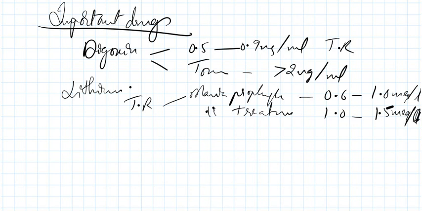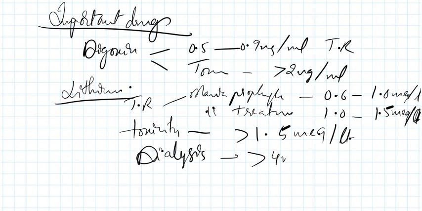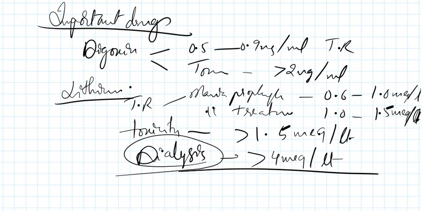But if you ask me the toxicity dose of lithium, then it is more than 1.5 milliequivalents per liter. Guys, every statement is very important. At what level might dialysis be needed in case of lithium toxicity? It is more than 4 milliequivalents per liter. If the level is more than 4 milliequivalents per liter, then obviously you need dialysis for sure.